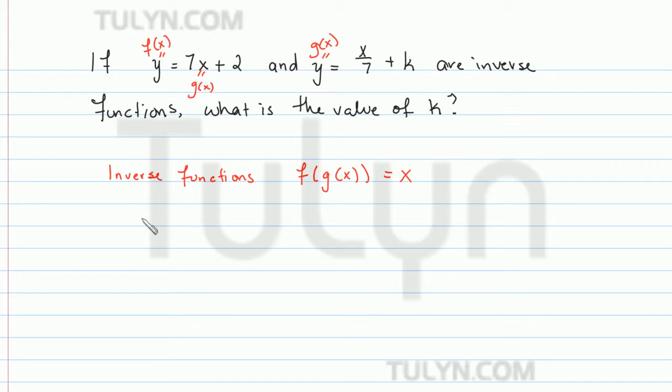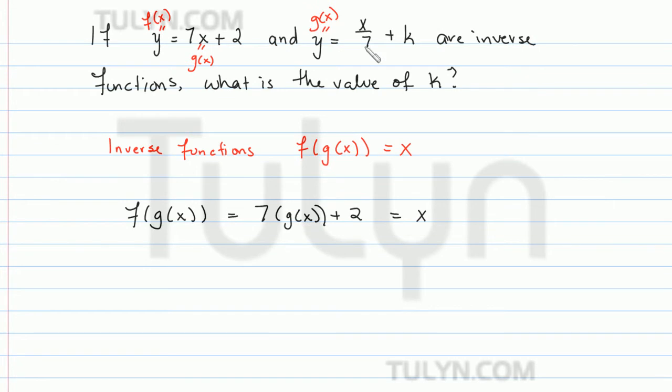In this case, f of g of x is going to be 7 times g of x plus 2. And that has to equal x, according to this equation here.